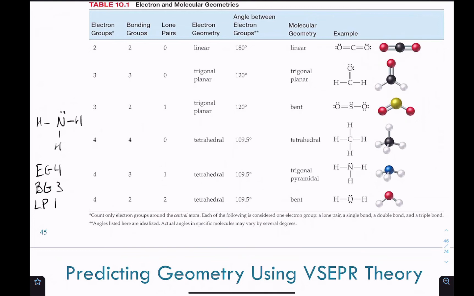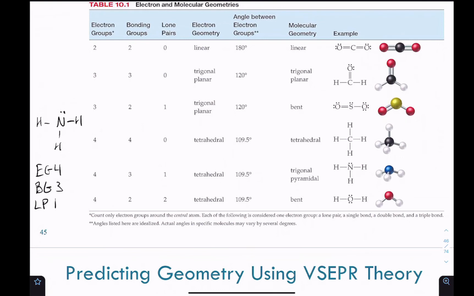Are we supposed to try to do octets, or we're not doing octets on these? We're still doing octets? Yeah. Hydrogen only needs 2. On all of this, aren't we supposed to make sure they all have 8? Yes, but for hydrogen, it only needs 2 electrons.